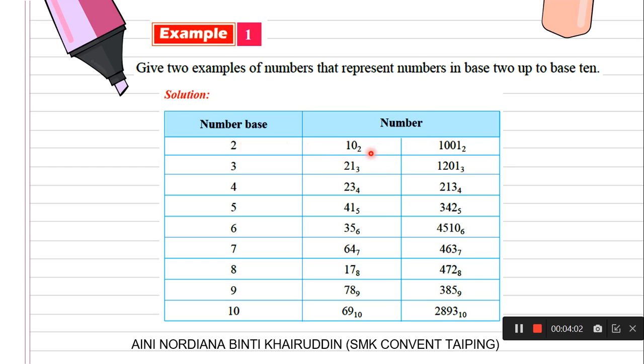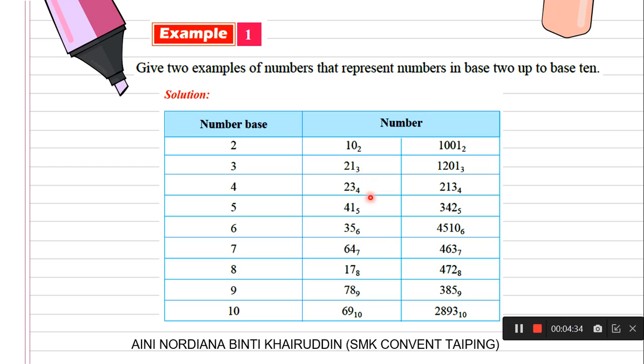And we are going to write a small number here to represent the base. So if base 2, we write a small 2 here. Alright, so base 3, this is the example. As you can see, it only consists of digits 0, 1, and 2. And we put a small 3 here to represent base 3.